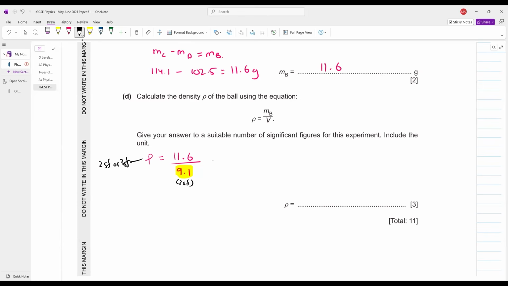The density comes out to be 1.274. Round it off till two significant figures, 1.3 grams per cm cube.